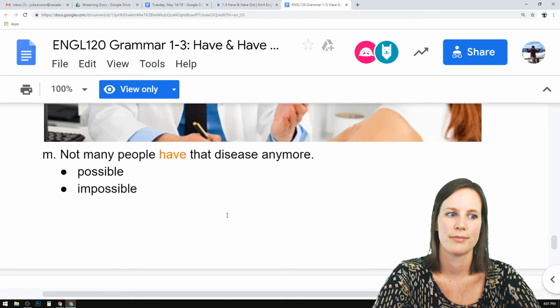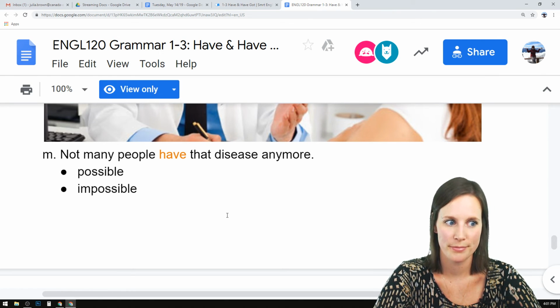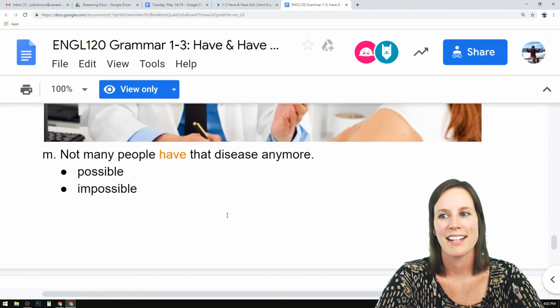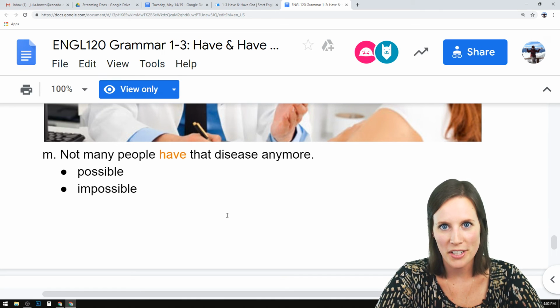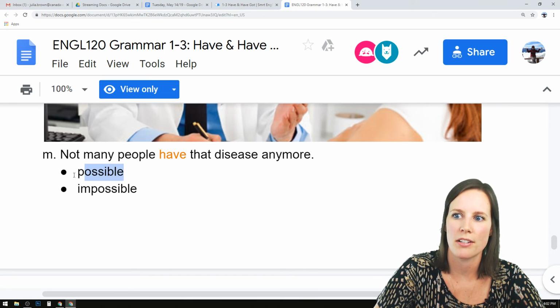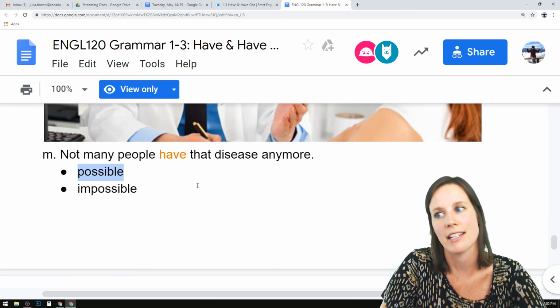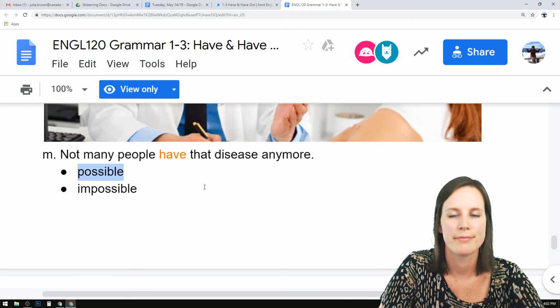Possible. Yes, good. Majority have said that it is possible. That's good. Okay, it's about illness, right? Not many people have got that disease anymore. It's okay.